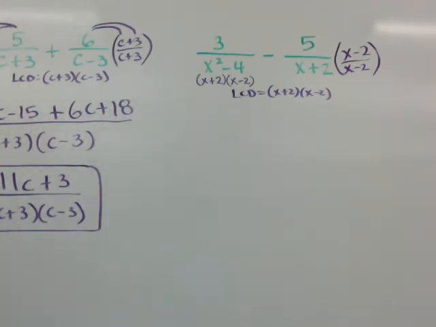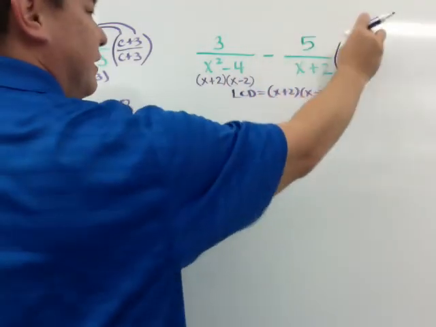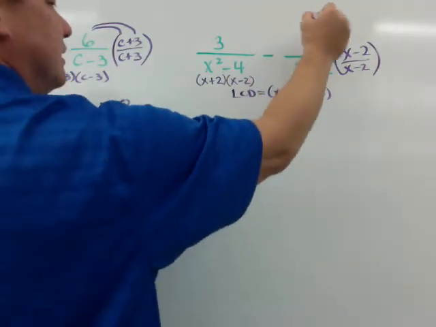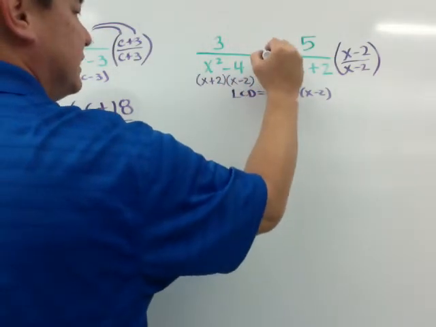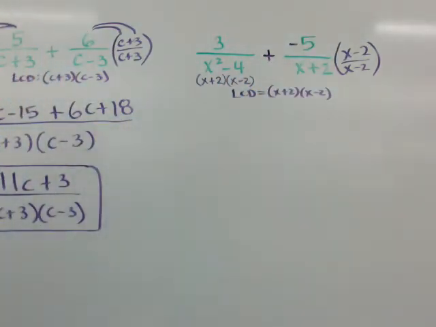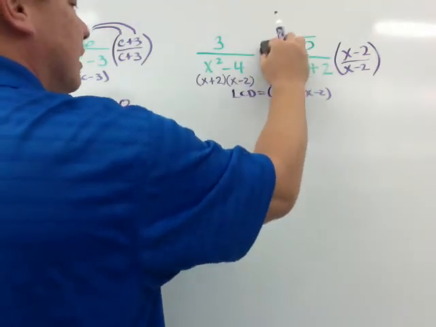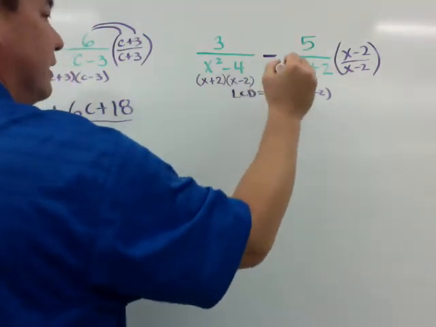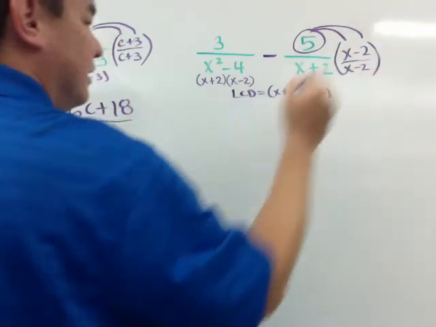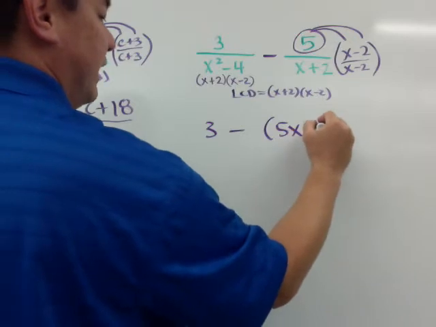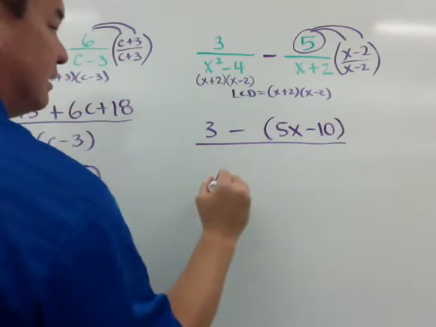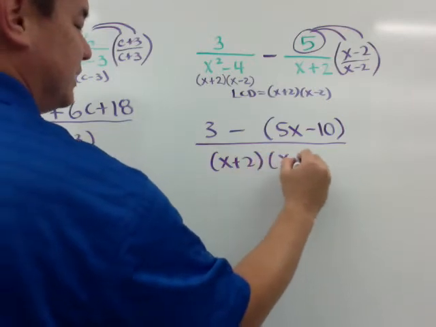Okay, and then this is where the tricky part comes in. Because of this minus, there's two things I can do. I can just distribute the 5 and then distribute a negative later, or I can just distribute a negative 5 into both of those. So what I could do is change this to a plus, move the negative here, and distribute the negative 5 in. Or I could just distribute it in later. So what I'm going to do is distribute it in later, and I get 3 minus 5x minus 10 all over x plus 2 times x minus 2.